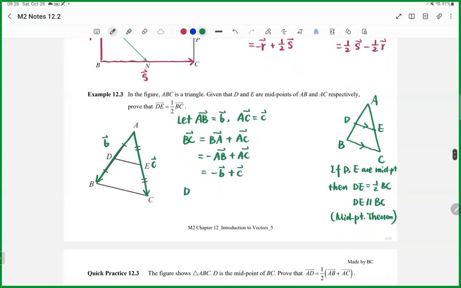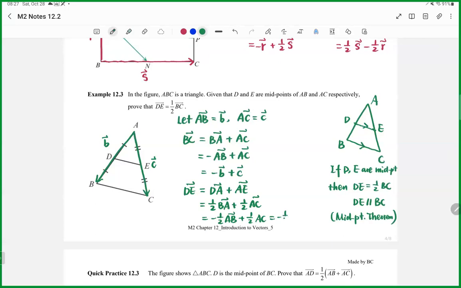And then DE is DA plus AE, which equals 1 over 2 BA plus 1 over 2 AC, and that is negative 1 over 2 AB plus 1 over 2 AC.